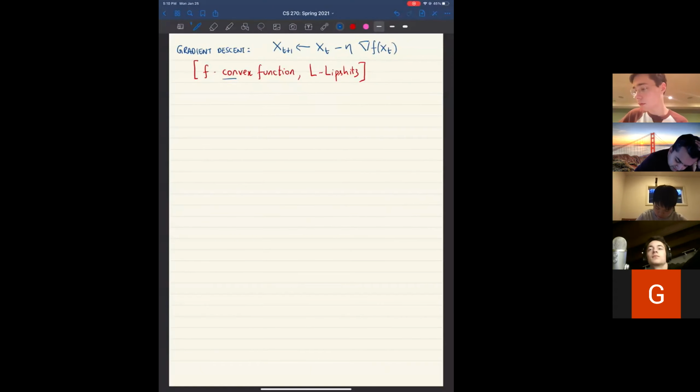It's L Lipschitz, meaning for every pair of points x and y, well, the way we will use it is the gradient of f of x is always at most L in norm, just a bound on how quickly the function changes. And our iteration is simply: x_{t+1} is x_t minus eta times the gradient.